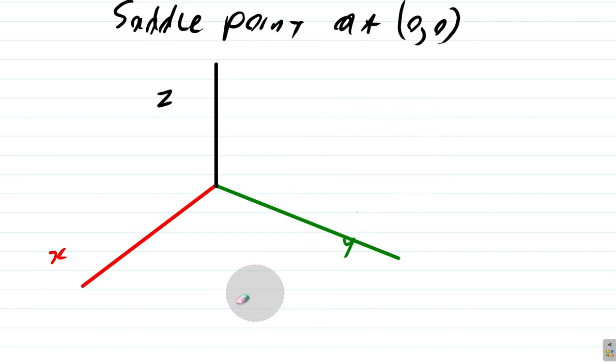So in that case, the x in the direction of the x-axis would go up and down, and the y would also go up and down, but it would look more like that, more like a horse's saddle.